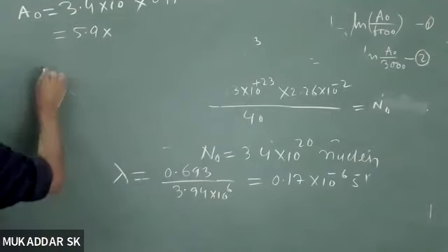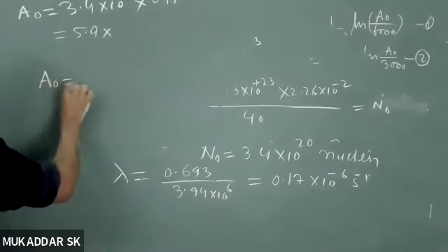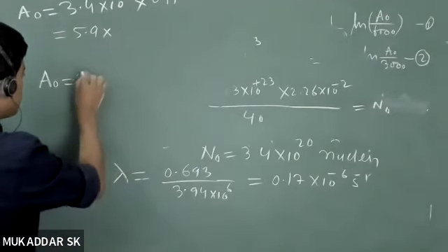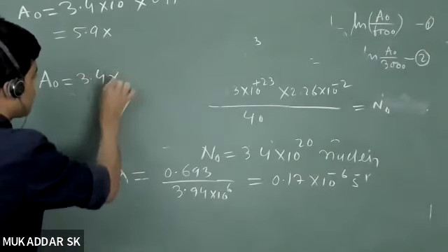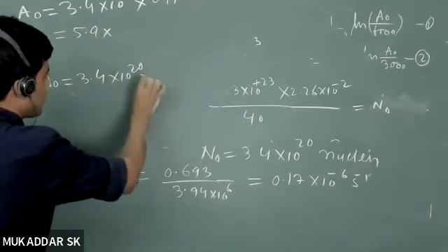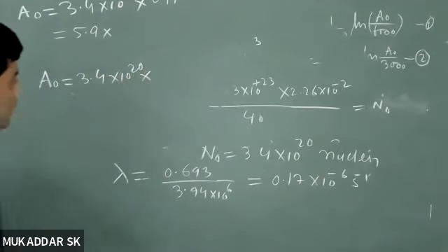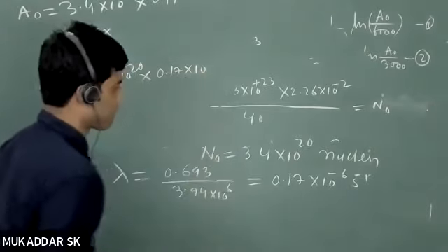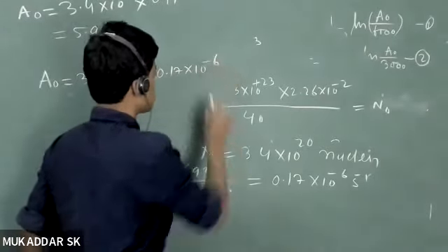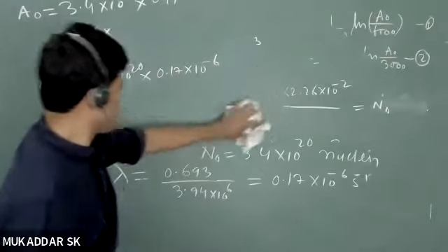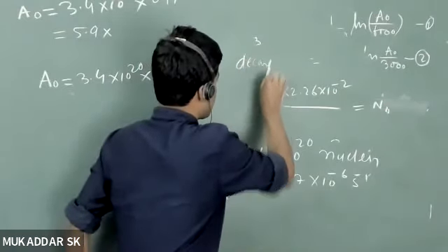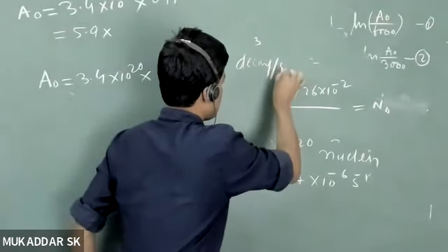So I can write that A naught is N naught, which is 3.4 into 10 to the power 20, and then lambda, which we have calculated as 0.17 into 10 to the power minus 6. And the unit will be decay per second, right?